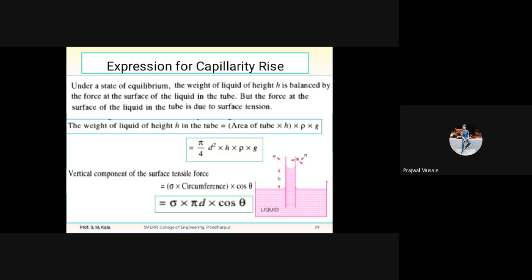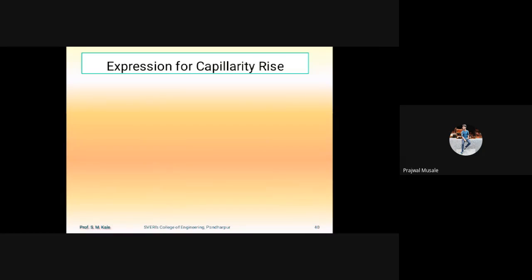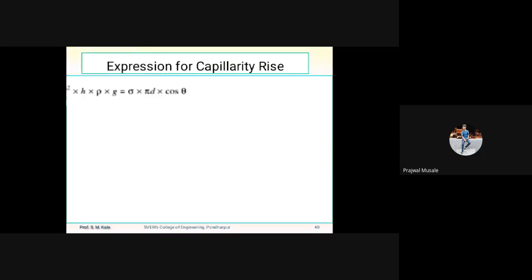So for the equilibrium condition I equate both equations: weight, pi by 4 d square into h into rho g, is equal to the vertical component of tensile force, sigma into pi d into cos theta. My ultimate aim is to find the value of h, that is the capillary rise.